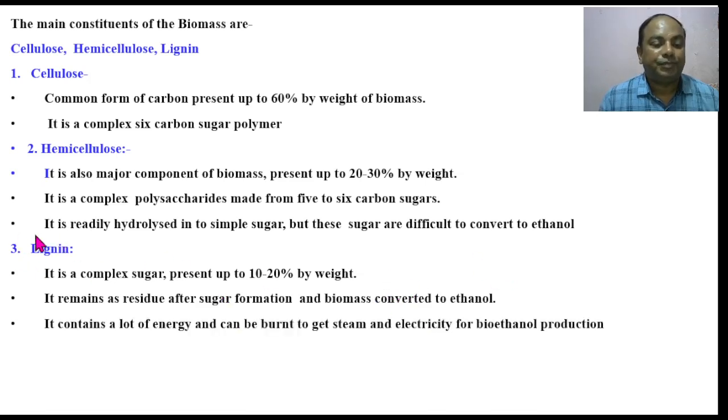This is used mostly for converting into heat. Lignin is made from carbon, so it can be burnt. When it is burned, the heat is utilized to make steam, and this steam can be used for generating electricity.